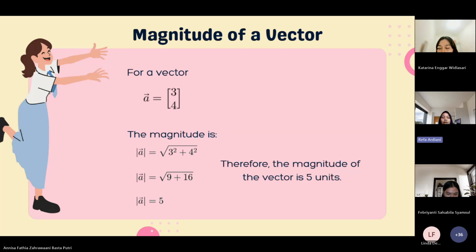Therefore, the magnitude equals the square root of 3 to the power of 2 plus 4 to the power of 2. 3 to the power of 2 is 9 and 4 to the power of 2 is 16. So we have the square root of 9 plus 16. 9 plus 16 is 25. So the square root of 25 equals 5. Therefore, the magnitude of the vector A is 5. Okay, next slide.